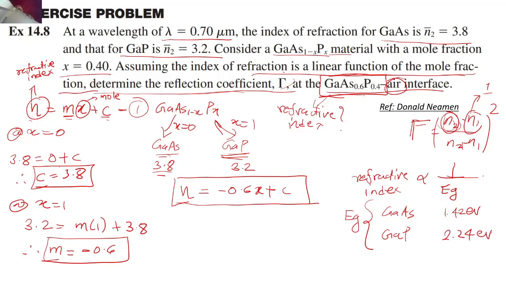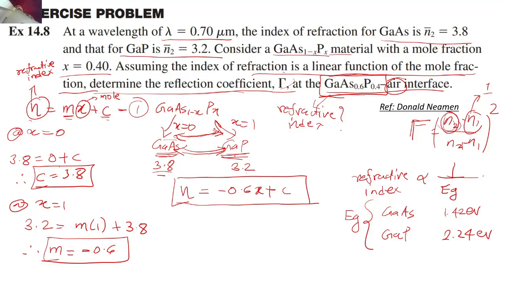So the sanity check would be this. Just look at this arrow that I will be drawing. As I am increasing my mole fraction, I am moving from gallium arsenide towards gallium phosphide. So my compound is becoming gallium phosphide from gallium arsenide.